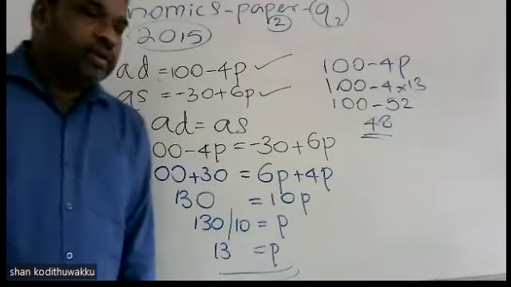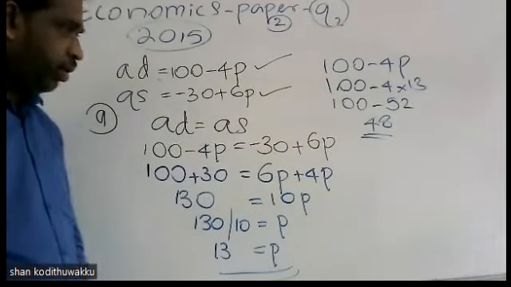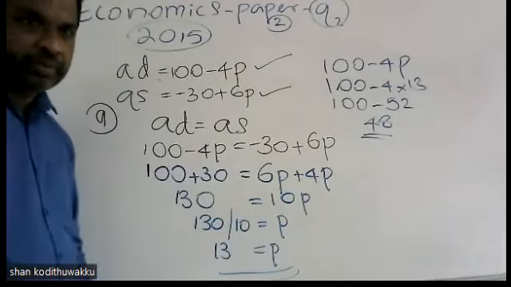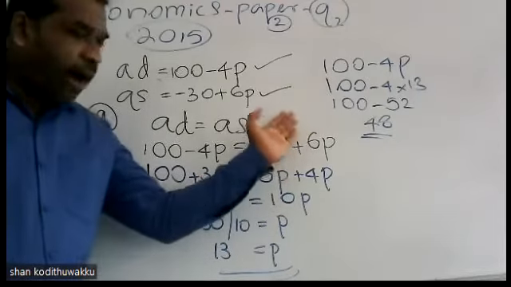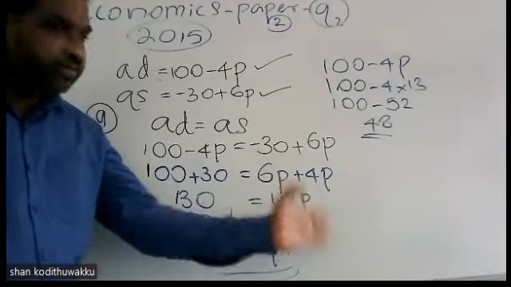Equilibrium quantity equal 48. You know, at the equilibrium, quantity demanded and quantity supplied will be the same.